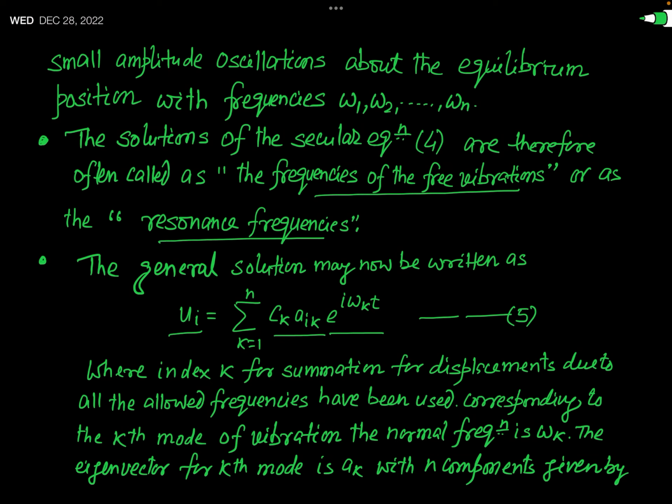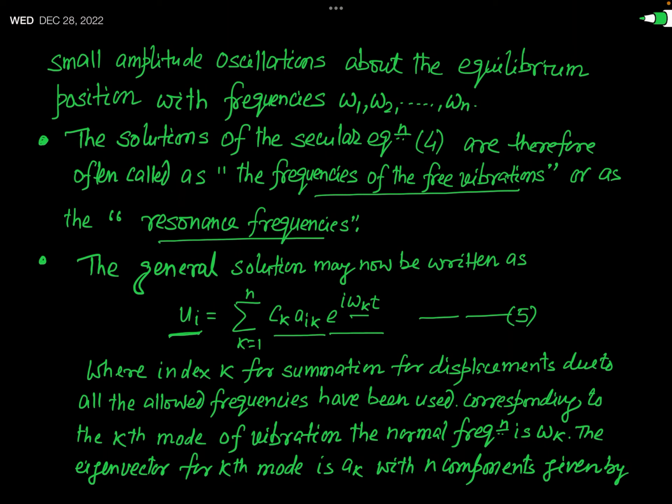Here the subscript k has been used for summation over the different frequencies and corresponding amplitudes. For the kth mode of vibration, if you assume that the frequency is omega_k, then summing up for all the frequencies, we get the resultant displacement of our system.